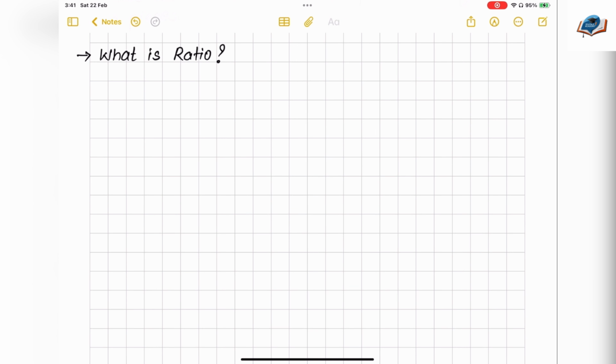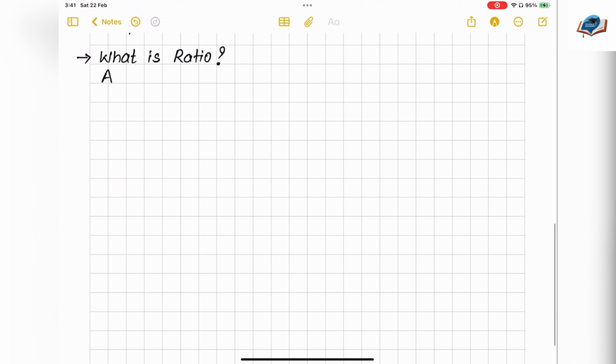Now, let us understand what is ratio. So, I can say a ratio is a comparison of two quantities of the same kind.